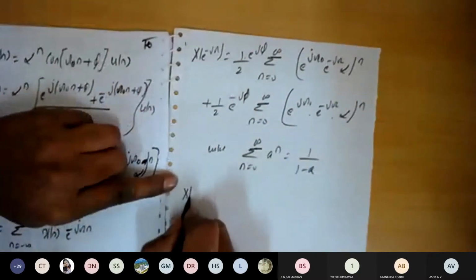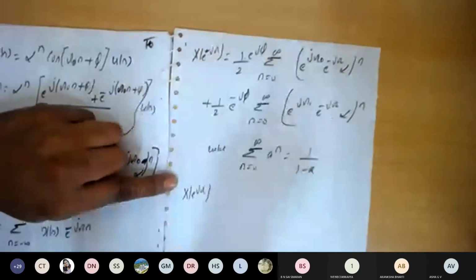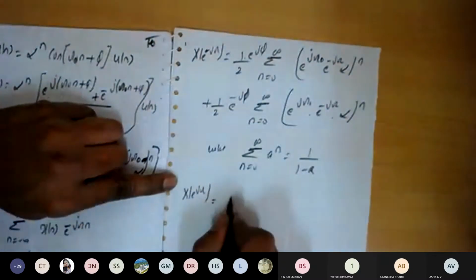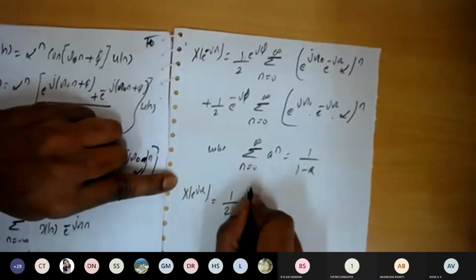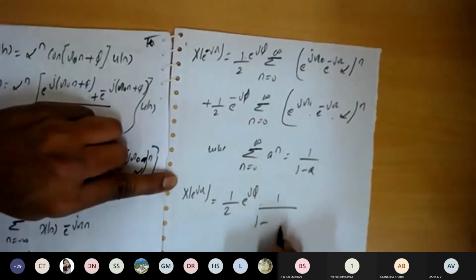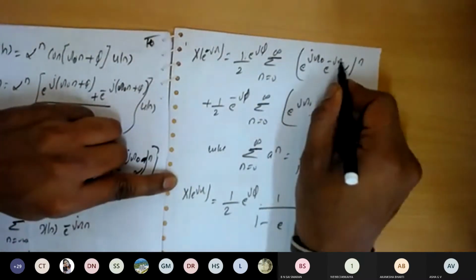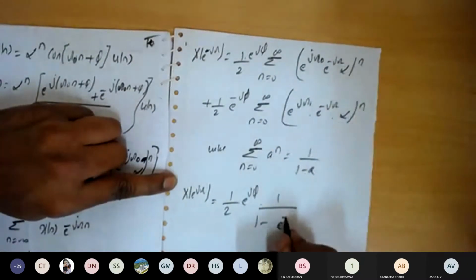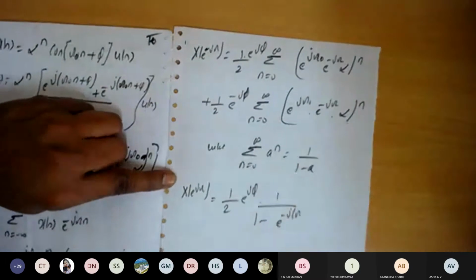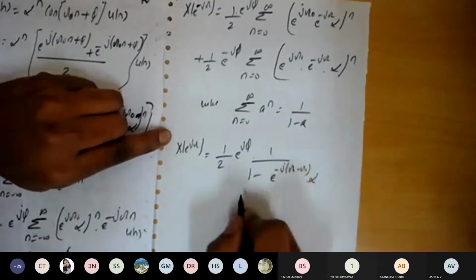So X of e to the power of j omega is equal to 1 by 2 into e to the power of j5, and this one we can write as 1 divided by 1 minus e to the power of, here omega naught and omega are there. We can take minus j common here, so minus j omega minus omega naught into alpha.